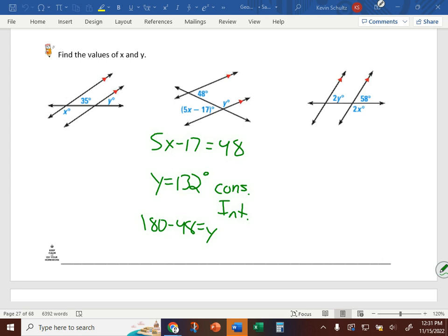Claire. So after I solved the problem, I got 3, but that does not sound right. For x? Yes, I would agree. So you add 17 to 48, and you get 5x equals 65, and then x would equal 13.